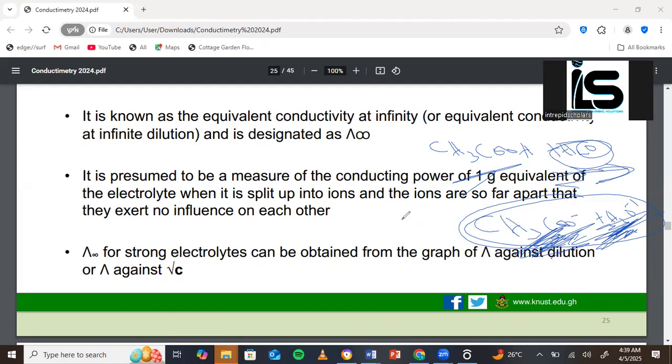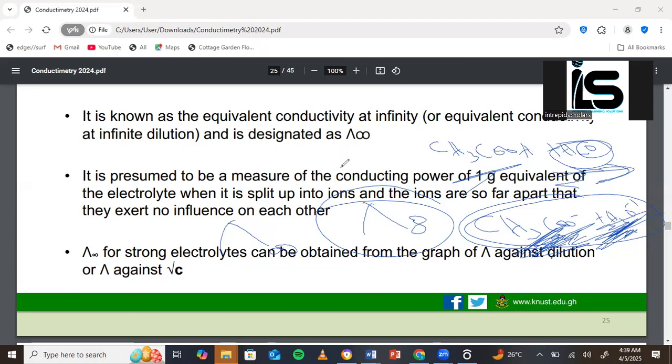We call that equivalent conductance at infinite dilution, when you finally dilute. For a weak electrolyte, that will be the point where we would have complete dissociation and zero ionic interaction, right? That's the maximum, where the maximum equivalent conductance can be measured.